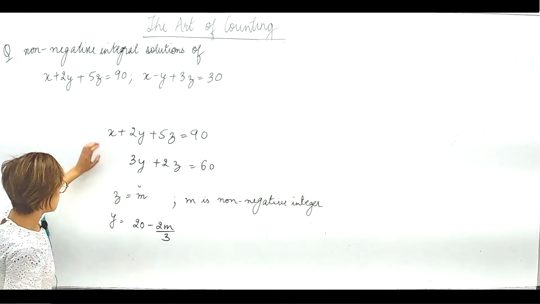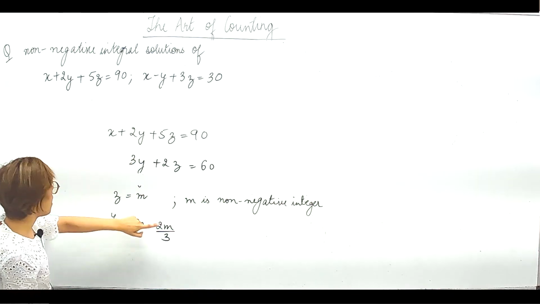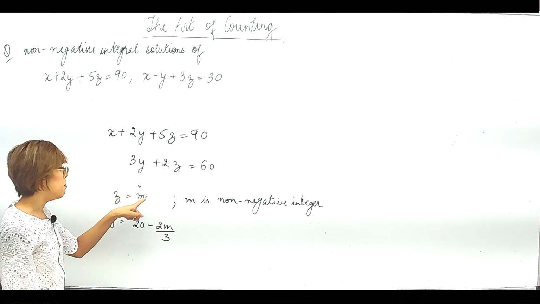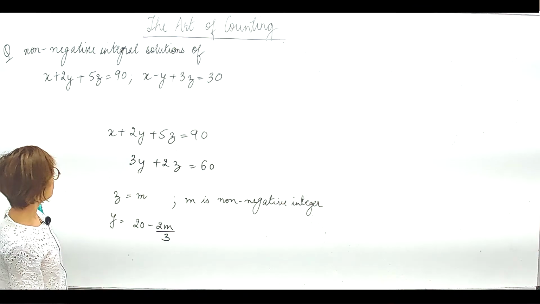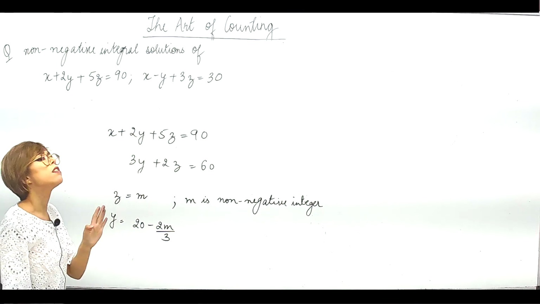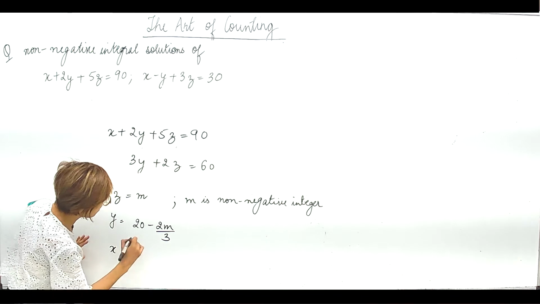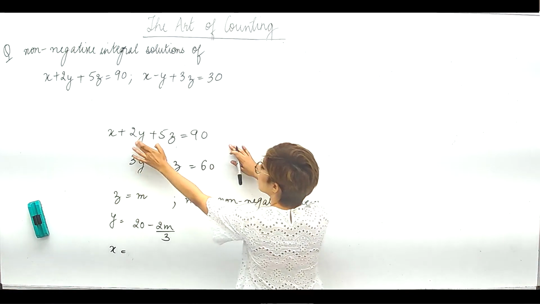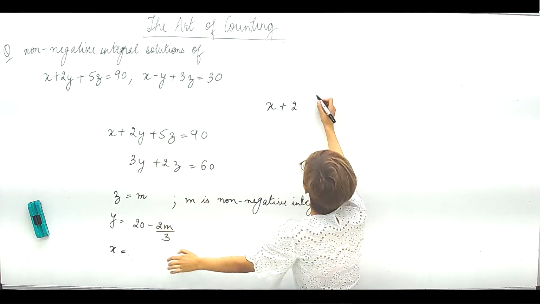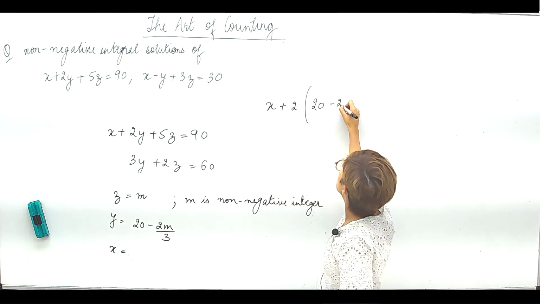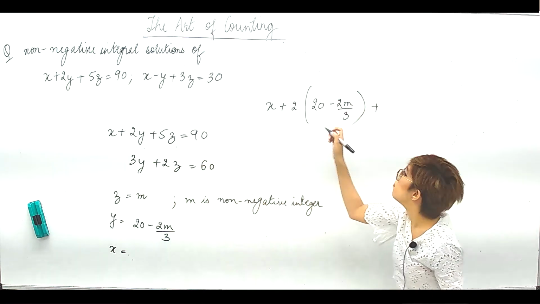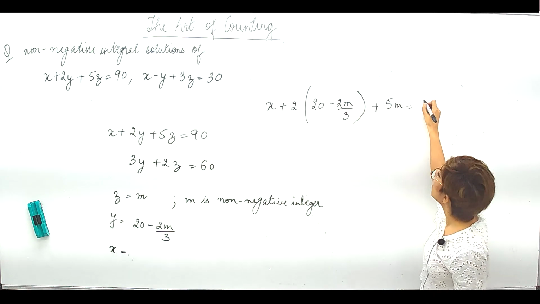Now, let's see what is happening. Now, y in terms of m is there. Now, can you express x in terms of m? I think we very well can, because z is in terms of m, y is in terms of m, so x can be expressed in terms of m. Let's find out how. I'll substitute the values here. So this becomes x plus 2 into (20 minus 2m by 3) plus 5m equal to 90.